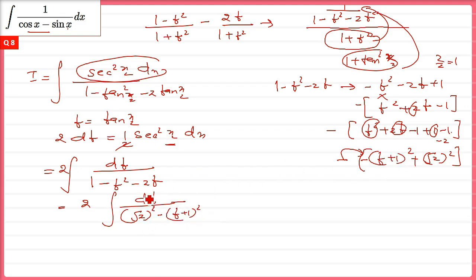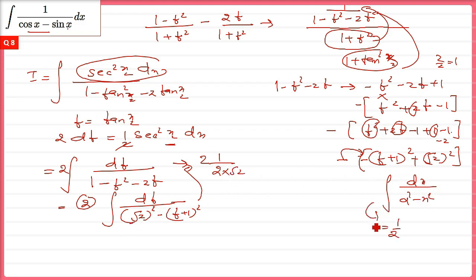So what is the formula we got? We got dx by a square minus x square. And you already know how to write this in the integrable form. So 1 by 2a, and what is 2a? a is root 2 here, so 1 by 2 root 2. 1 by 2a log modulus, log is ln only because we are talking about log base e.